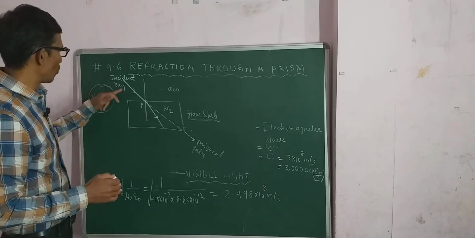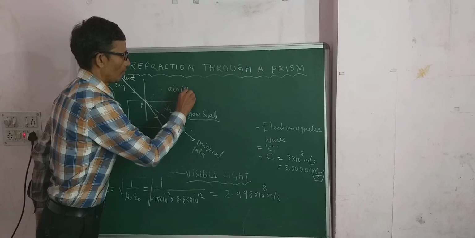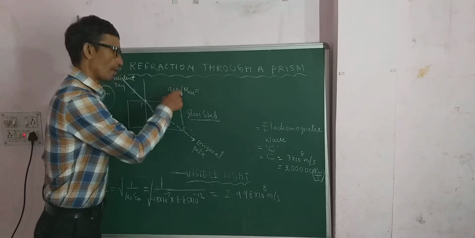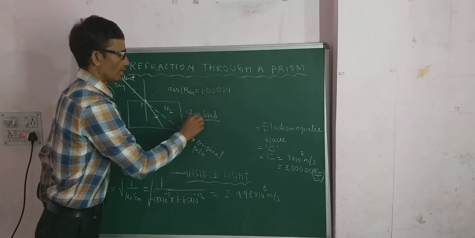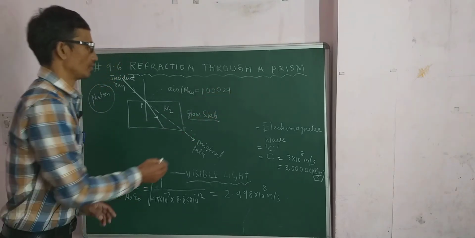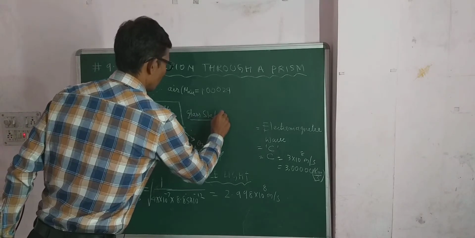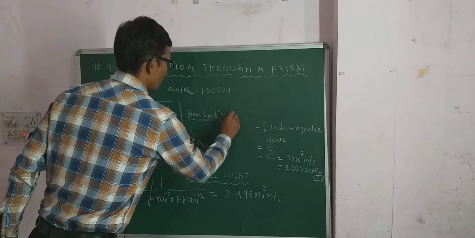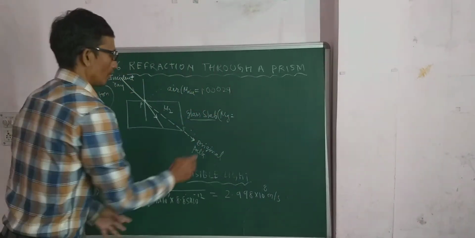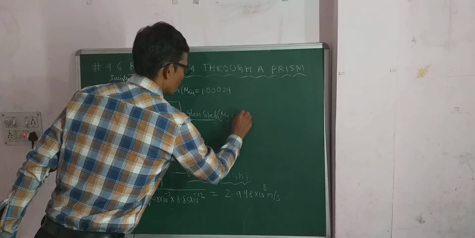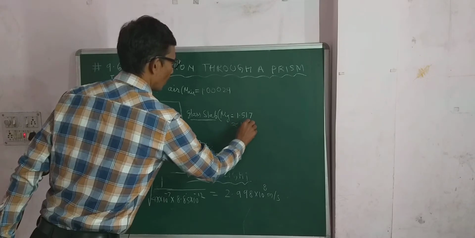Reflection takes place through a light ray. This is mu here, and its value is 1.000229, and the glass slab's value is mu g equal to 1.517, or approximately 1.52.